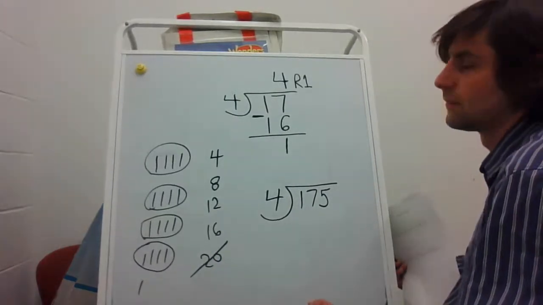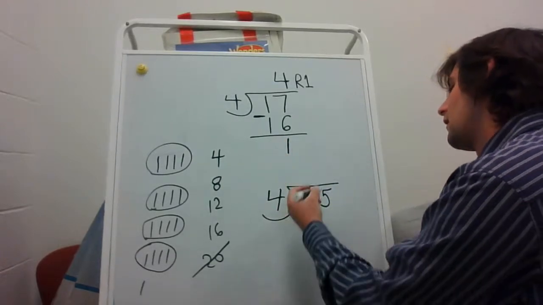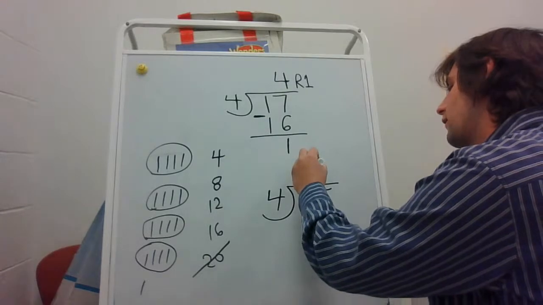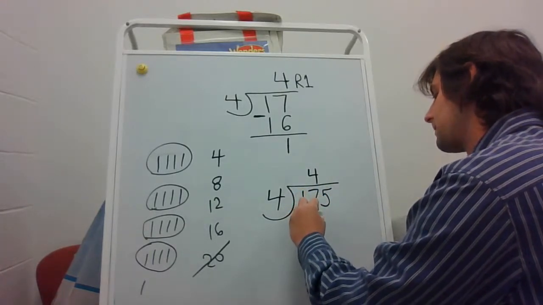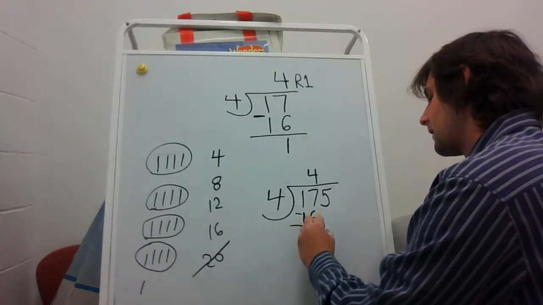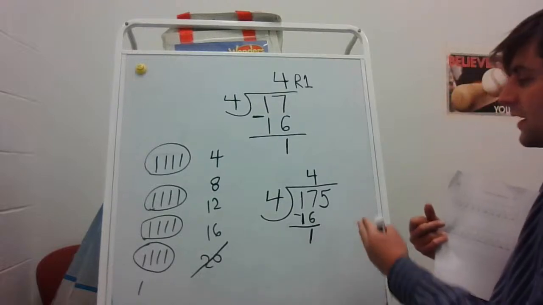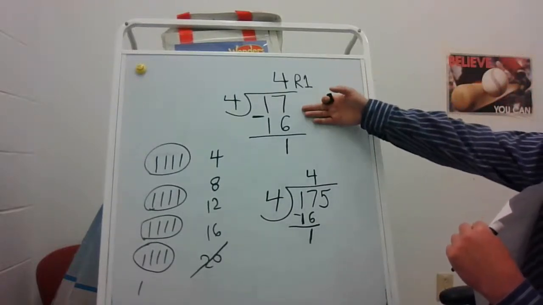If you notice the correlation here, 4 goes into 17 4 times. 17 minus 16 equals 1. I would go about solving this problem the same way I go about solving this problem.